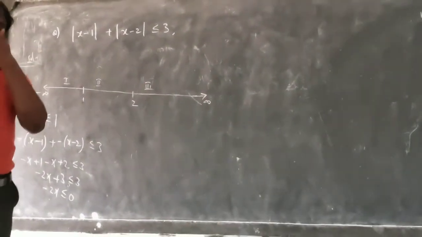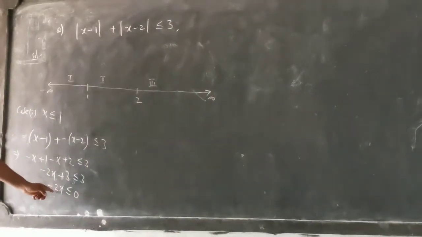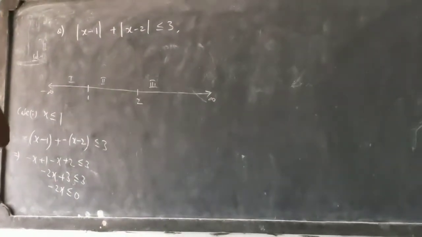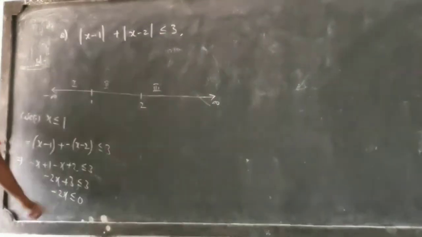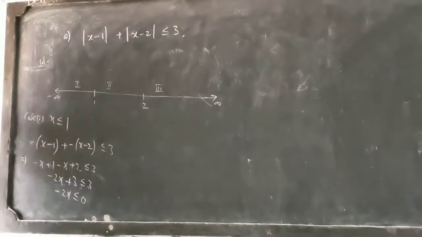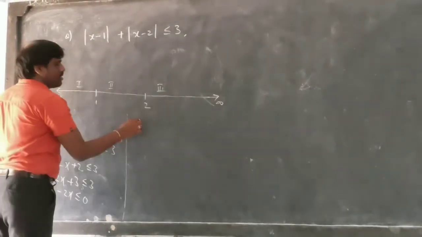I already informed you, whenever you have a minus number in product or division with x, you have to eliminate that and make x the subject. So to eliminate this, I have to divide by minus 2. When I divide by minus 2, the inequality changes.